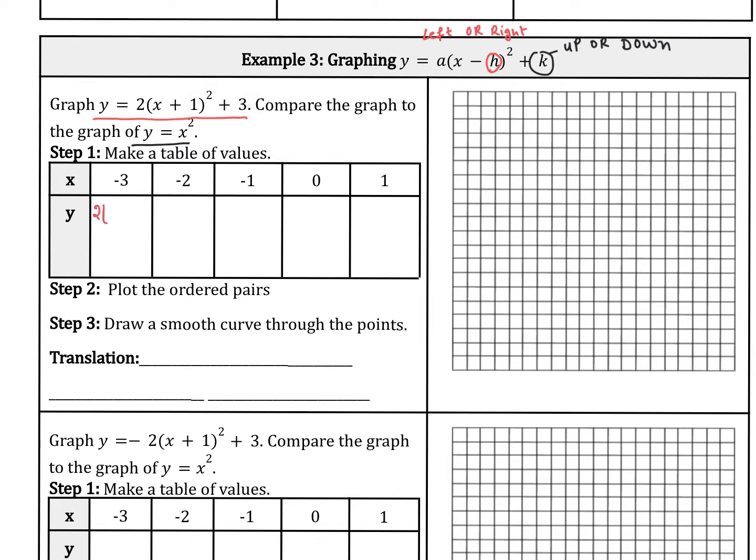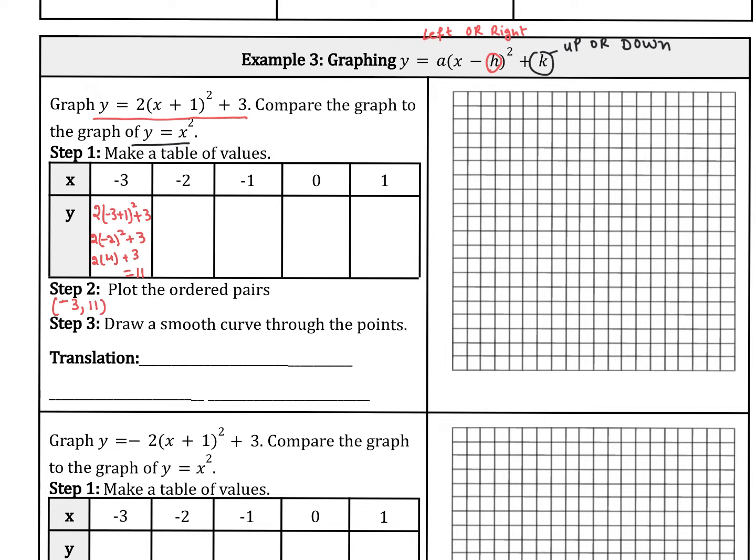What we get here is 2 times (-2) squared plus 3, and that is 2 times 4 plus 3, and that is 8 plus 3, which is 11. So my first point is -3 comma 11.